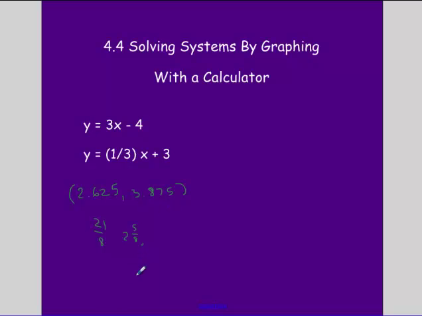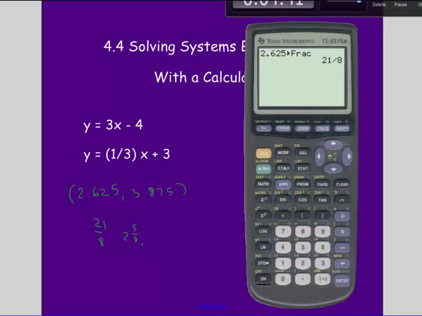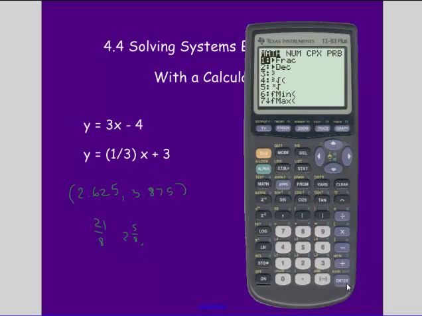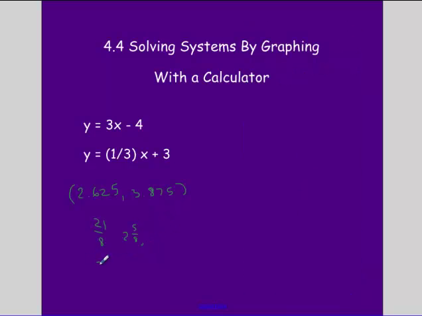And then I could do that again for 3.875. Go math, turn it into a fraction, enter, 31/8. 8, 16, 24. So that's 3 with another 7 left over. 3 and 7/8.